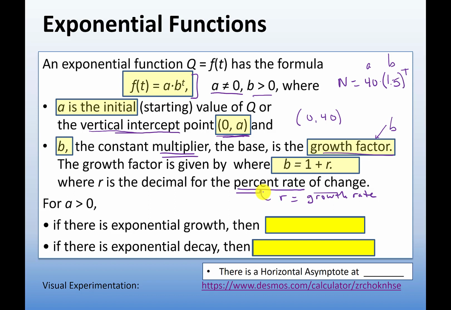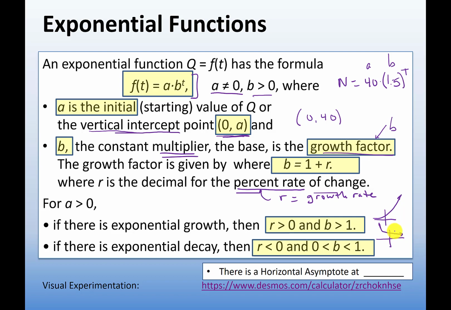Now, lastly, when we have exponential functions, sometimes they do grow, and they're going to look something like this. And that's when the b multiplier is bigger than 1. Now, if the b multiplier is bigger than 1, of course, that means r is bigger than 0. But sometimes exponential functions do not grow, they decay.